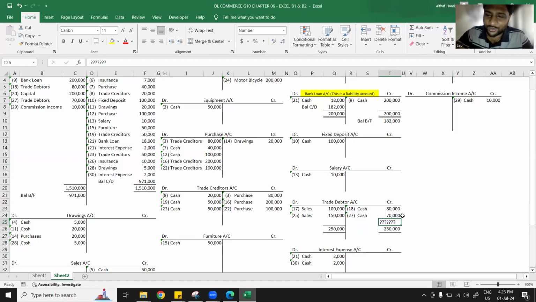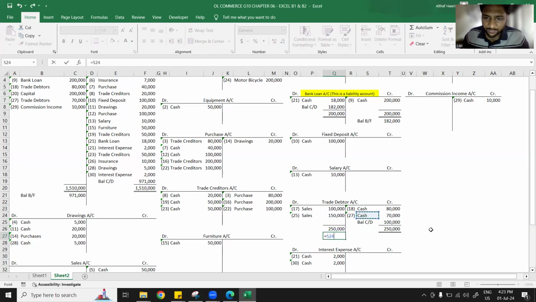Here you have a total of 150, 80 plus 70. On this side 150, here 250. So 1 lakh missing. That I put as balance CD, and on the other side I put balance BF.